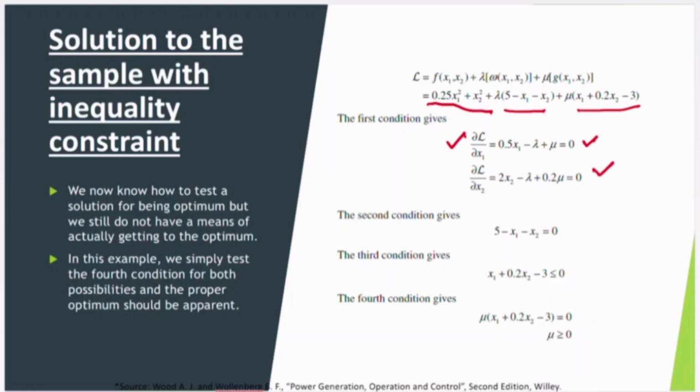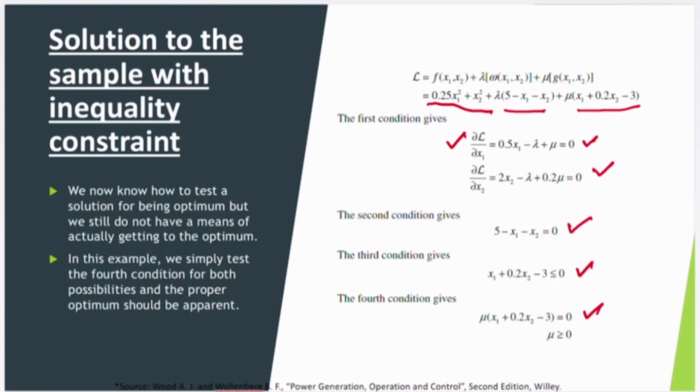These are the two immediate differentiations. And then the second condition is 5 minus x1 minus x2 equal to 0, that is differentiation with respect to lambda. And then the third condition, which is going to be this one. And the fourth condition, which is very interesting here, is that mu times this must be equal to 0.